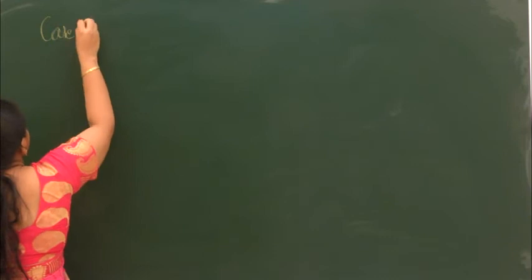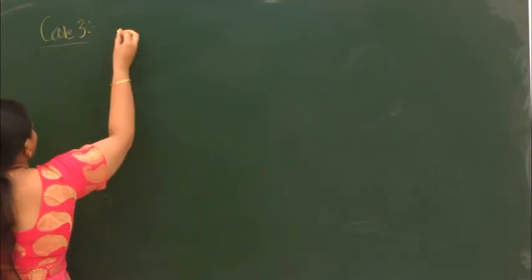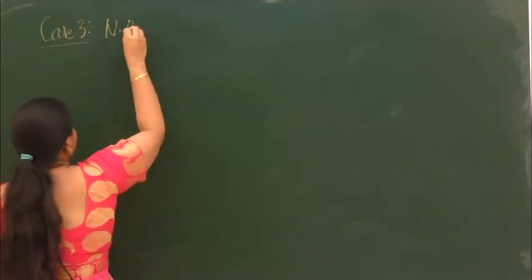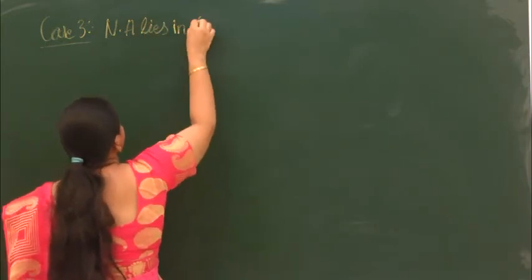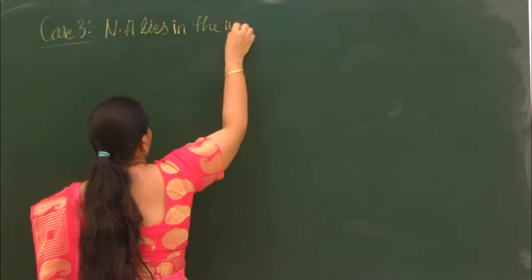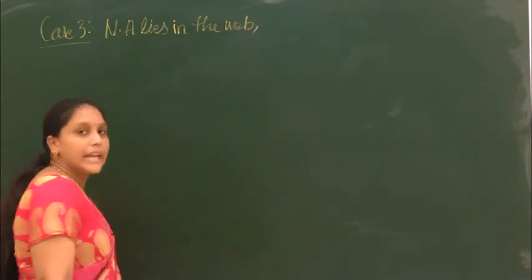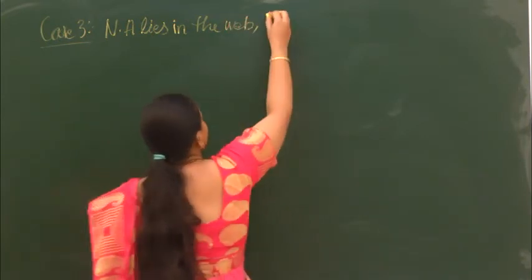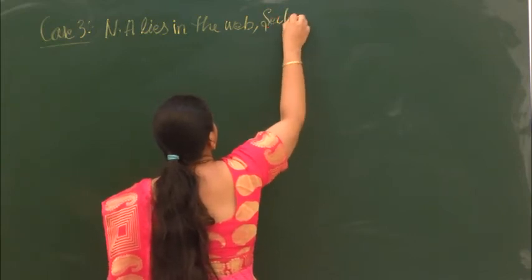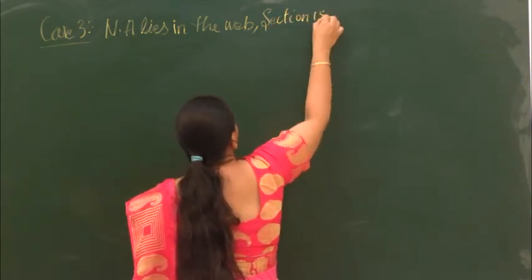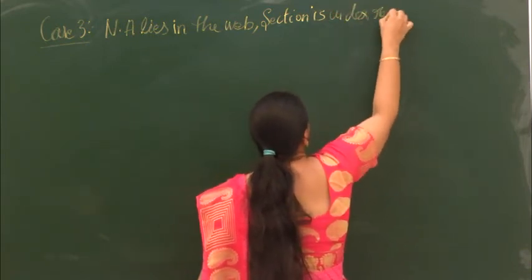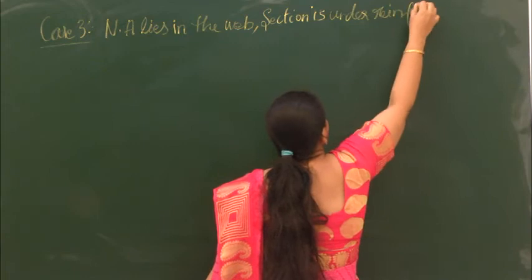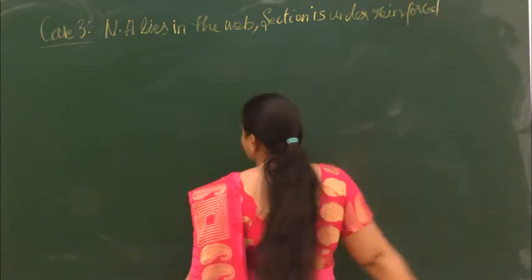So what is case 3? Case 3 is when the neutral axis lies in the web and the section is under reinforced.